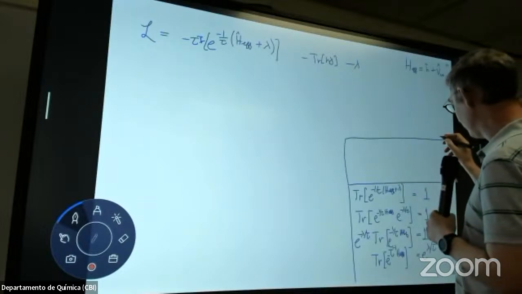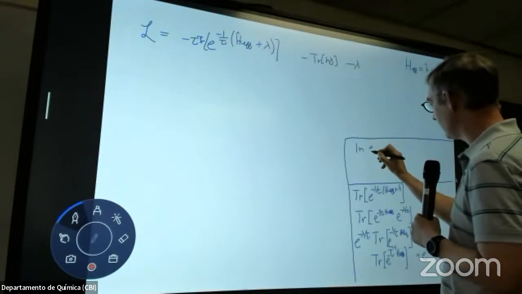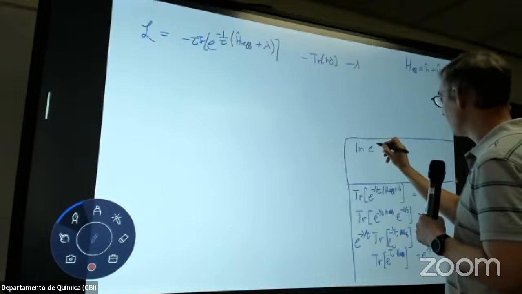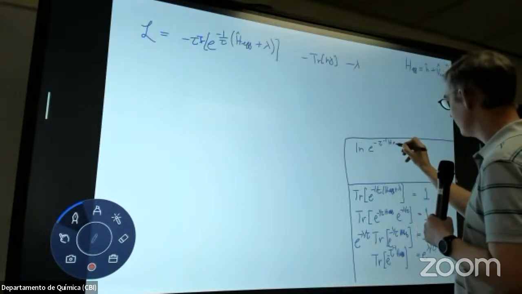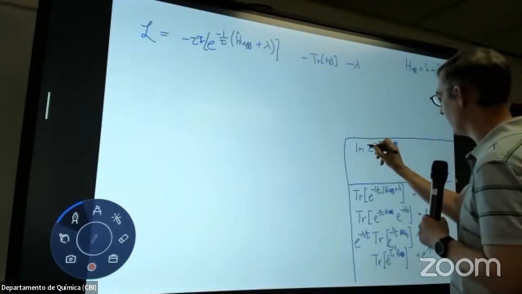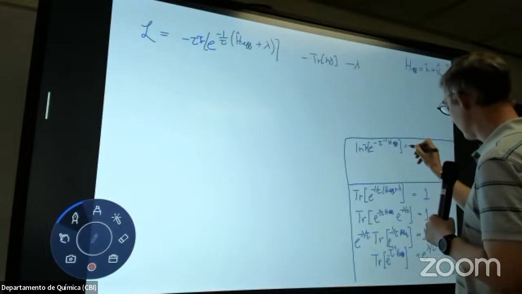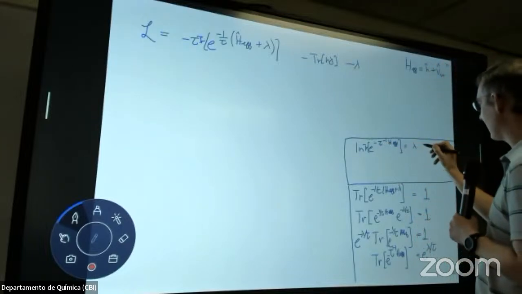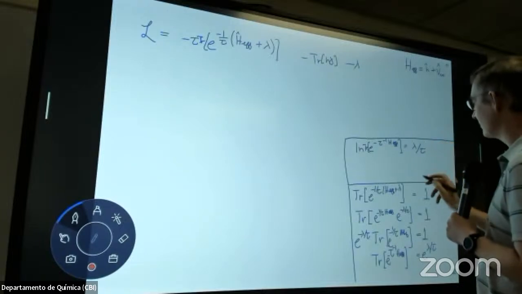And this means the log of the trace of e to the minus tau to the minus 1 h effective equals lambda divided by tau.